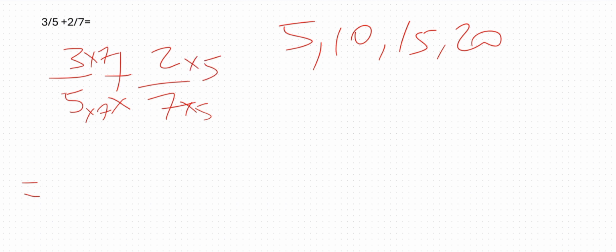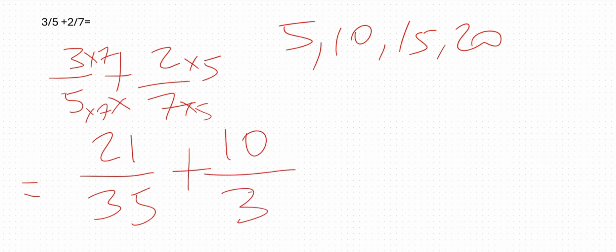What we're going to do is make sure all the denominators are similar. We need 5 times 7, so it's 35, and 7 times 5 is 35. And remember, whatever you do to the bottom, do the same thing to the top. So it's 7 times 3 is 21, plus 5 times 2 is 10, divided by 35.